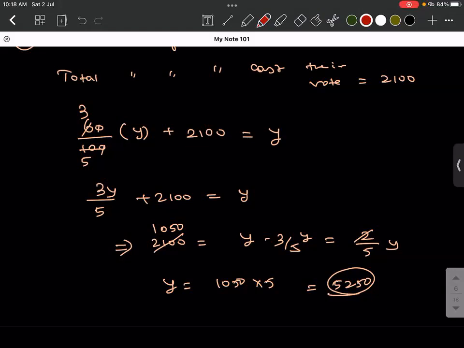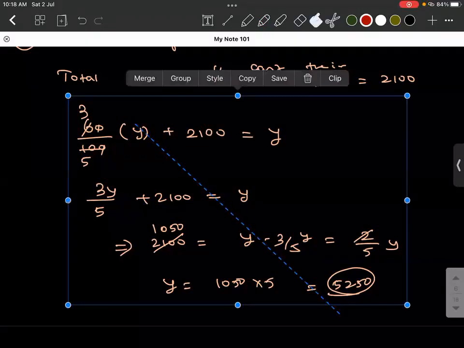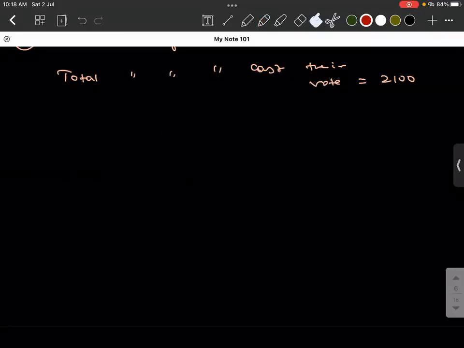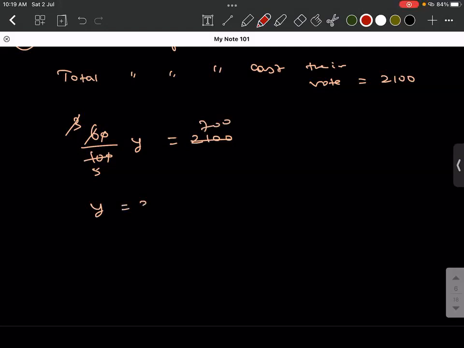Yeah, sorry. I didn't read it properly. 60% of total voters is 2,100. That's it. This is the equation. I'm sorry. 60% of the total number of voters is 2,100. Cancel this and this. 3 times, 5 times. So this will go 700 times. So Y will be equal to 3,500. Is there an option? That's the answer.